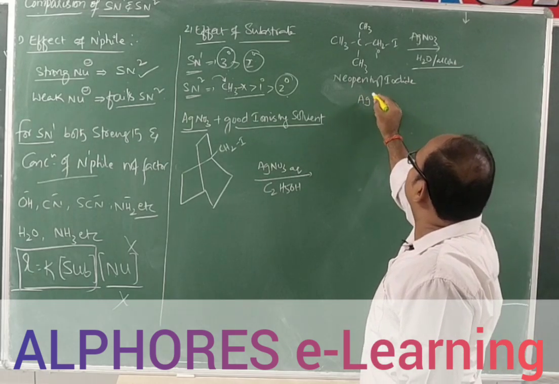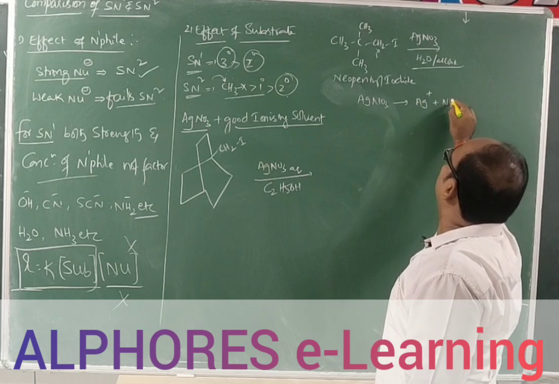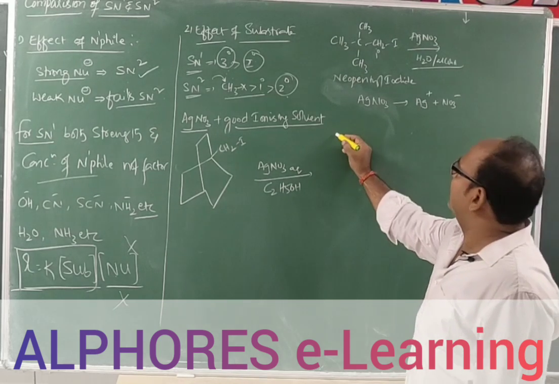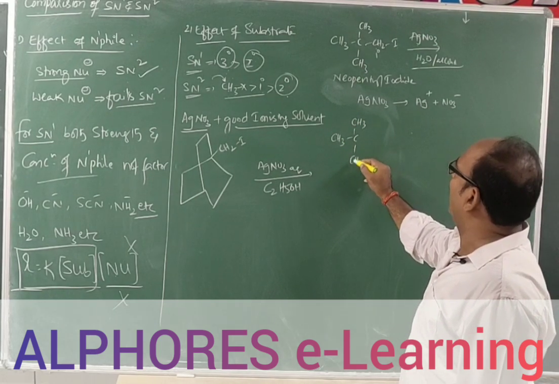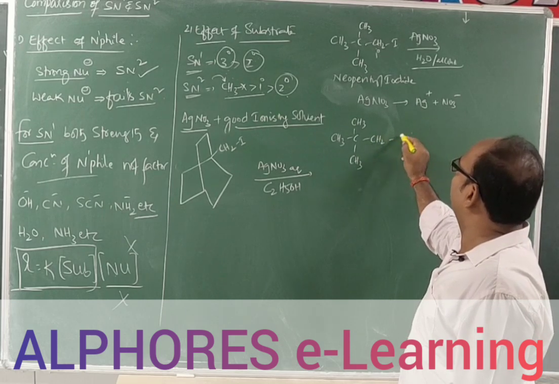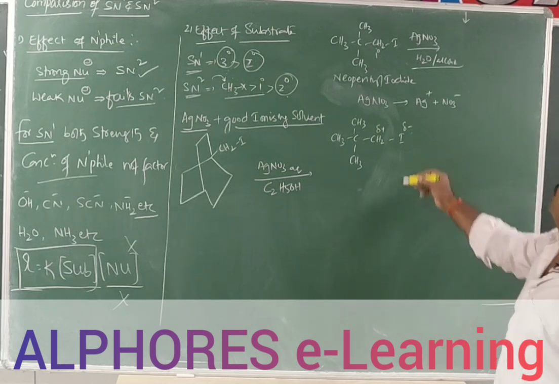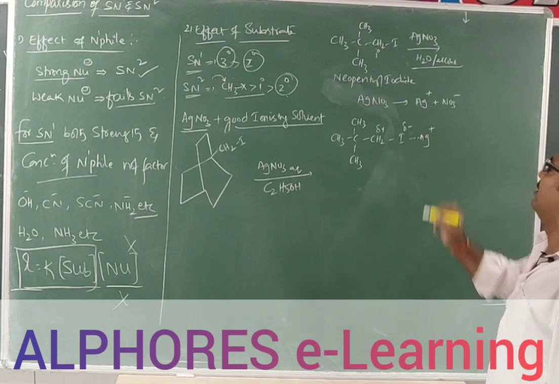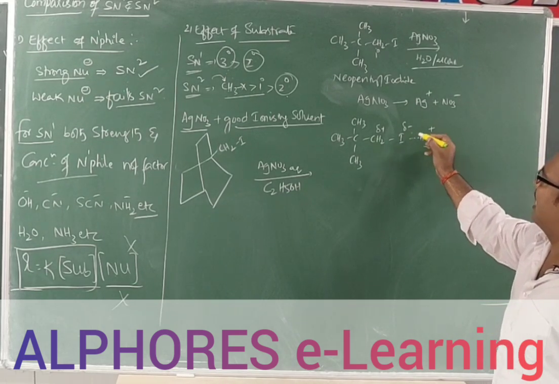First of all, AgNO3 ionizes as Ag plus and NO3 minus. Now this Ag plus approaches the leaving group, because the leaving group generally possesses a negative charge and Ag here has positive charge. So this negatively charged leaving group coordinates with Ag plus. Slowly, bond formation takes place between Ag plus and I minus.